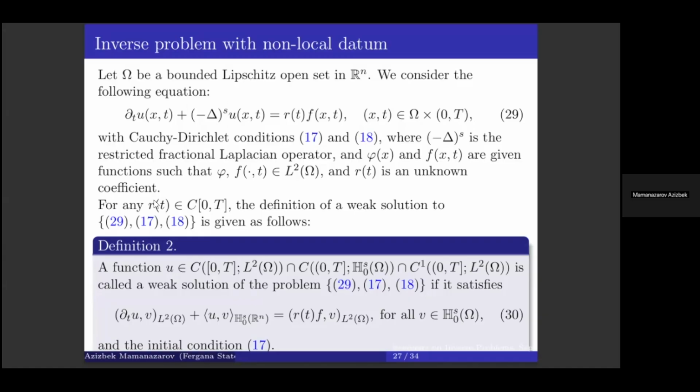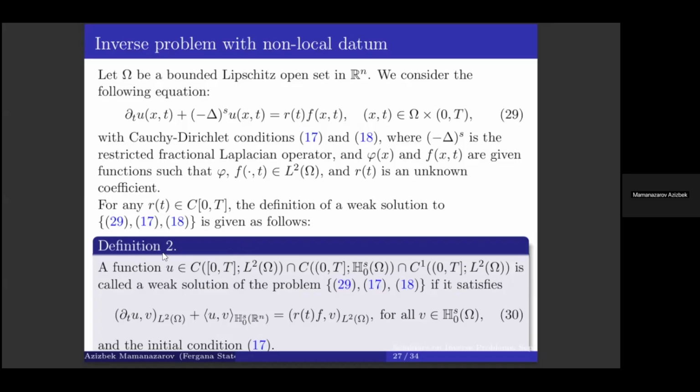Similarly, our aim is to recover an unknown time-dependent coefficient of the equation, R of t. First, assuming R of t is a continuous function, we introduced a weak solution to the problem 29 with the initial and Dirichlet conditions as follows.